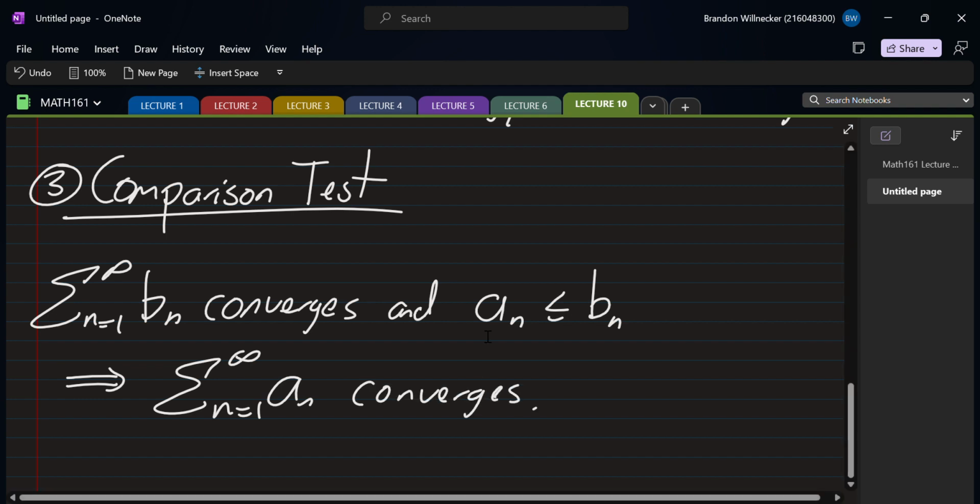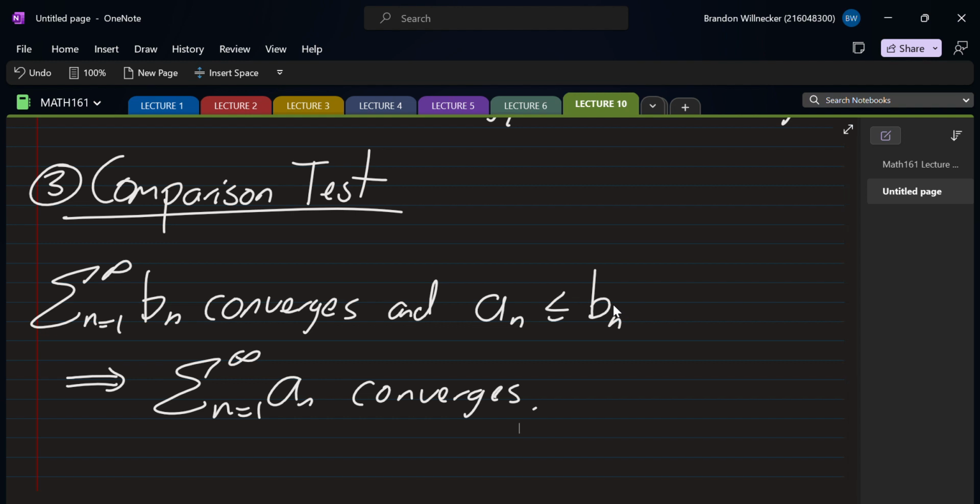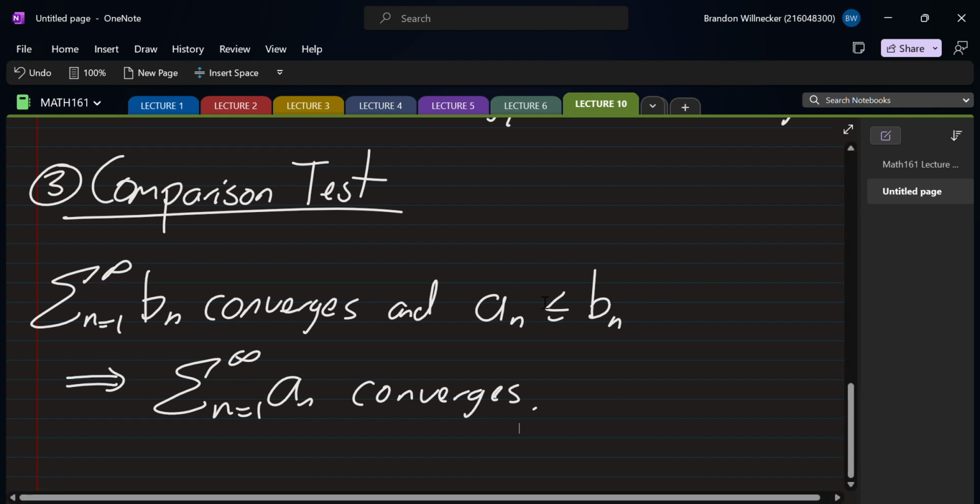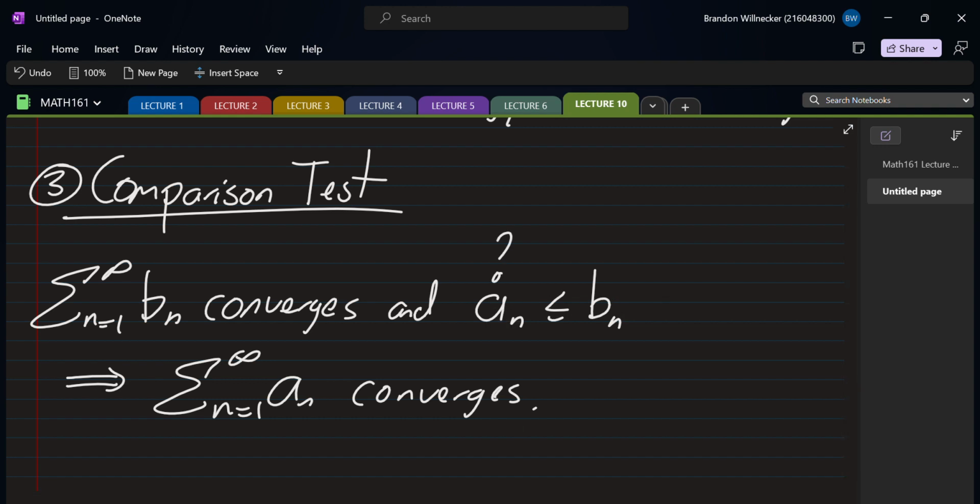So if the series that we're testing is smaller than the one that we know, and the one that we know converges, then the one that we don't know will also converge. So the one that we don't know, an, put a little question mark there. If the one that we don't know is smaller than something that converges, then it automatically converges as well.